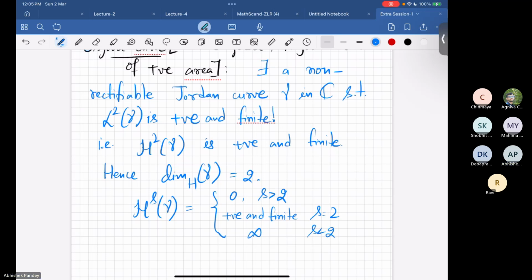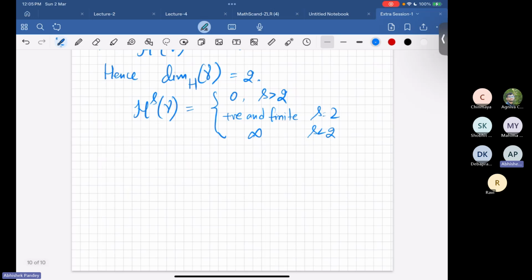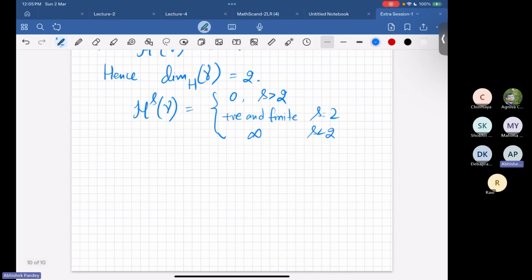Also, if we have a rectifiable Jordan curve, the Lebesgue measure is always going to be 0. So the two-dimensional Lebesgue measure of a rectifiable curve is 0.